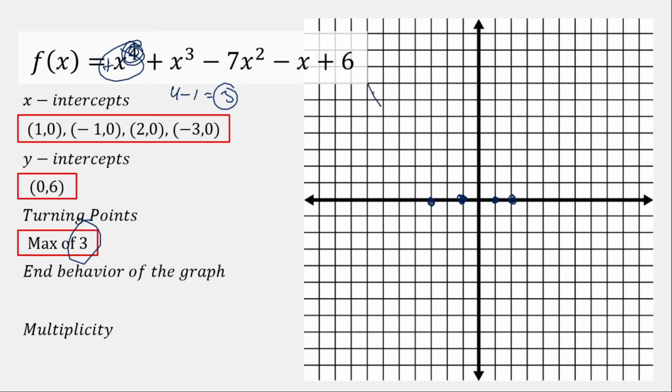So we have rises to both left and right. Just check my previous video where I explain how to get the end behavior. But for now, if the leading coefficient is positive, and it has a degree of odd or even, we have rises to both left and right. And then we connect it now.